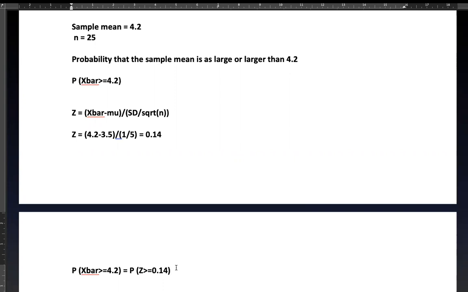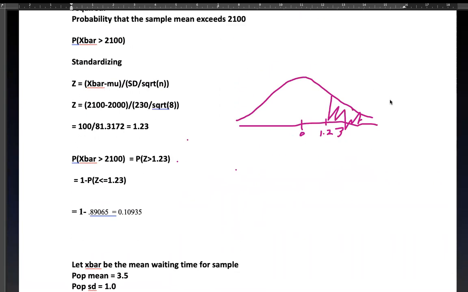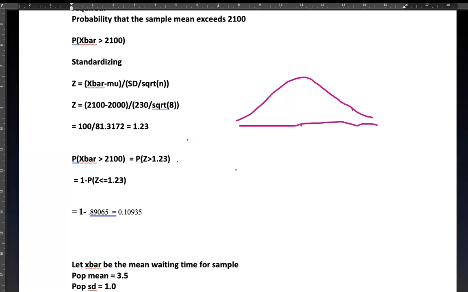Let's go back to the normal distribution and see how we sketch this. This is our normal distribution, and this is where we have the 0.